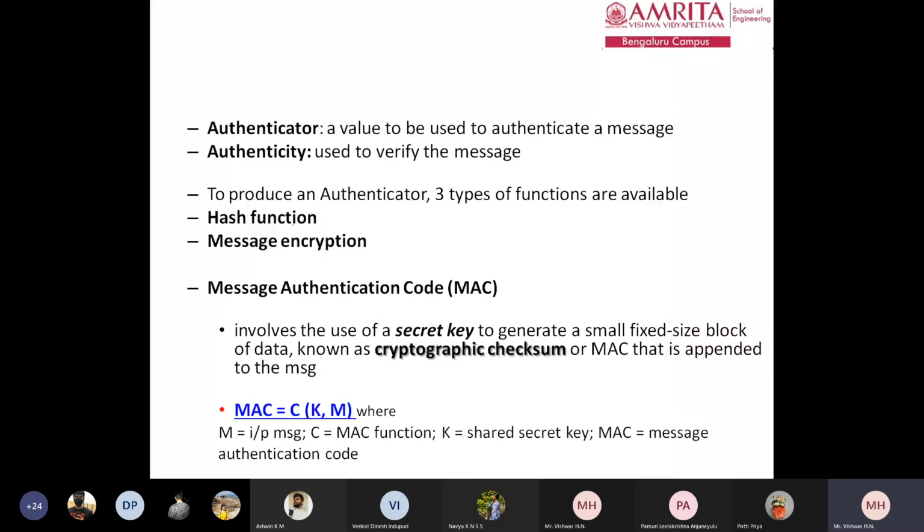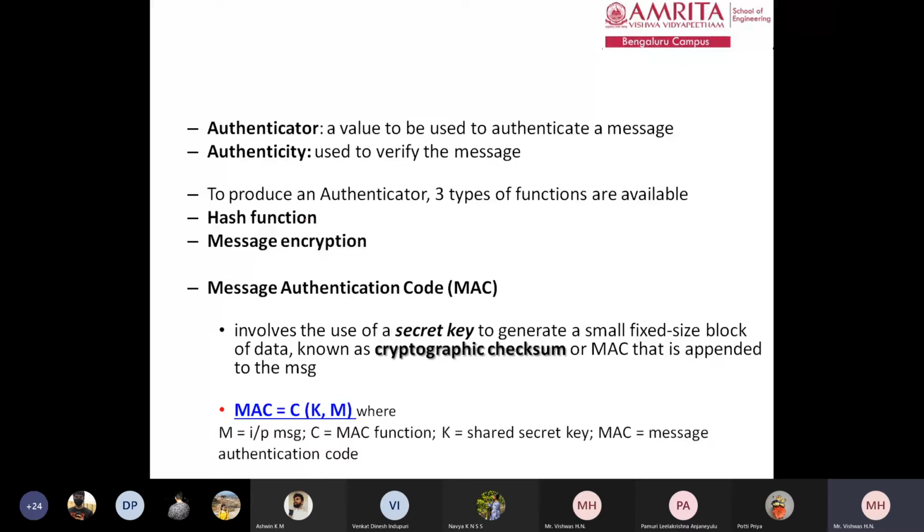The three types are using hash function, message encryption, and message authentication code. Let us see what these are.